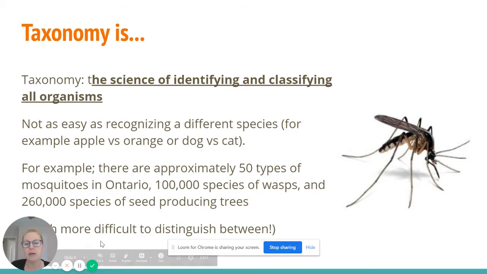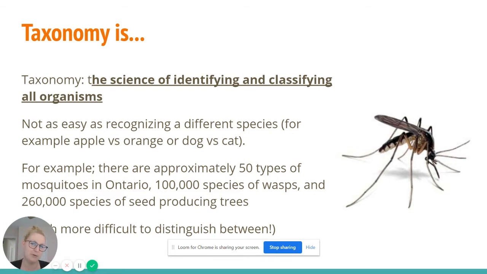It's also not as easy as just recognizing different species. An apple and an orange are very clearly different things. A dog and a cat, very clearly different things. Where it becomes more interesting and more challenging is for things that look really similar to one another, or things that are very, very small. The example I've put here is that in Ontario alone, there are 50 types of mosquitoes.